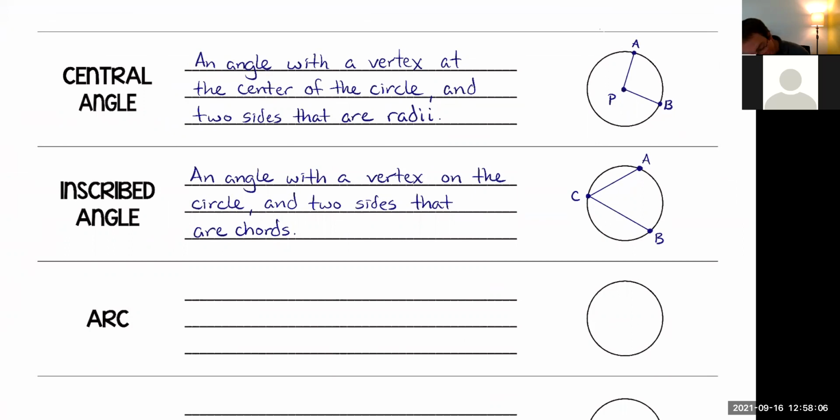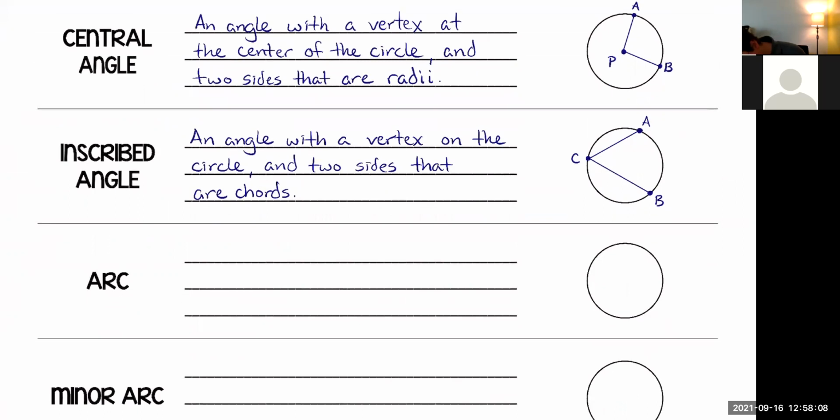Next on our list is an arc. This is a portion of the edge of the circle defined by 2 endpoints.